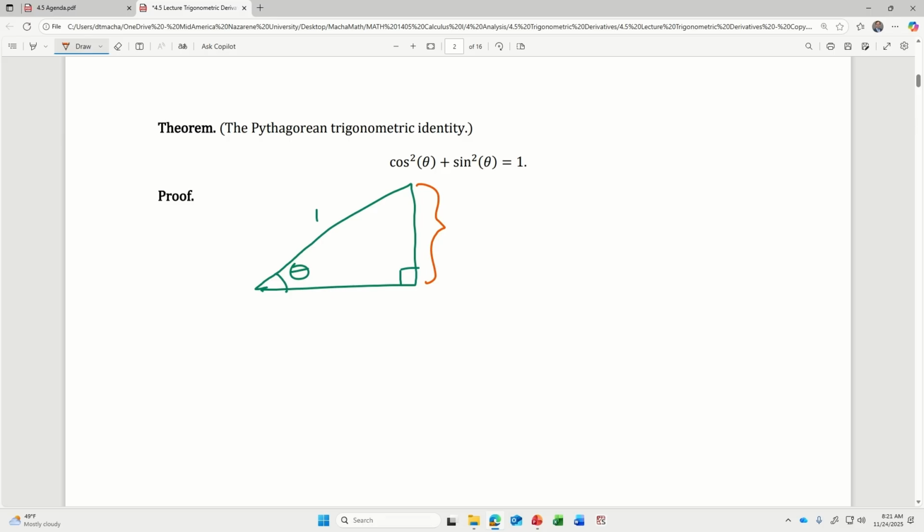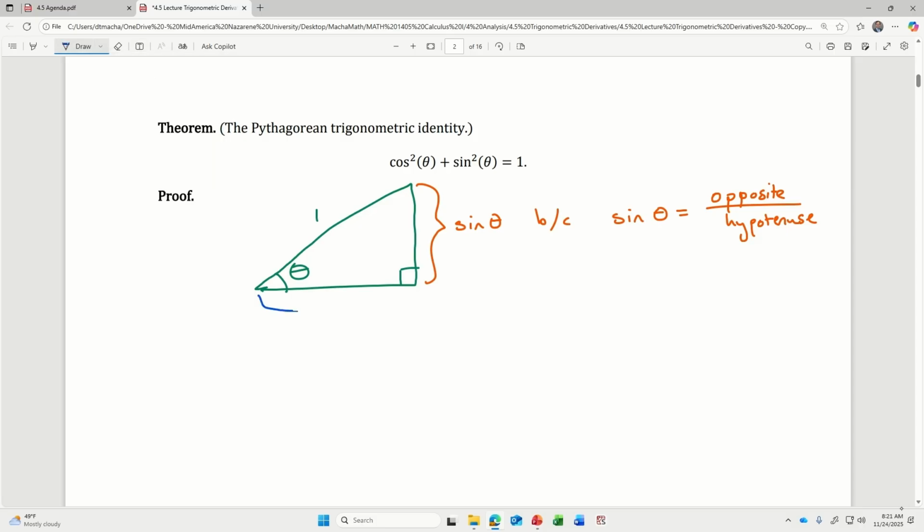Was it sine of theta? Yes, sine of theta. Because the definition of sine is that it is the opposite side length divided by the hypotenuse. And the hypotenuse in this case is 1, so the opposite side divided by 1 is the opposite side. And so that means the opposite side from the theta angle is sine divided by 1, or just sine.